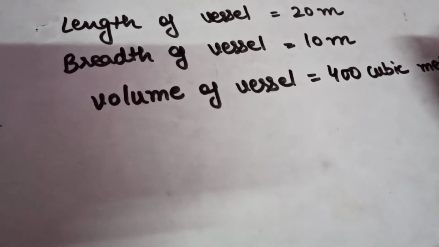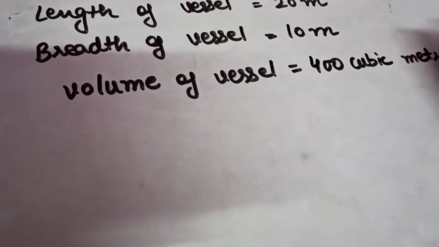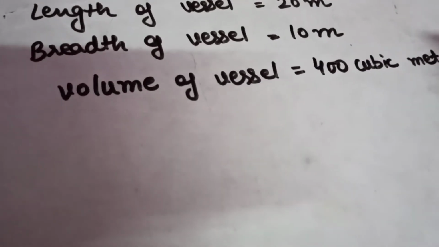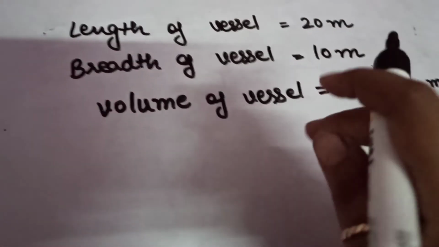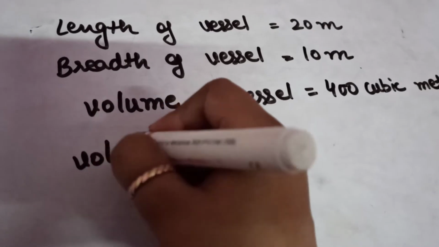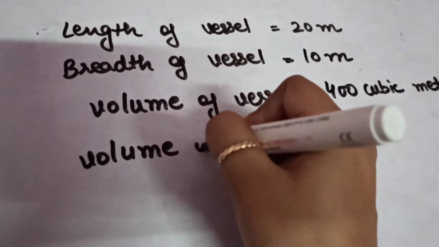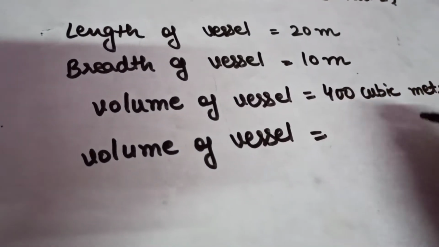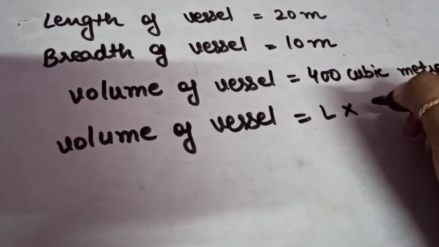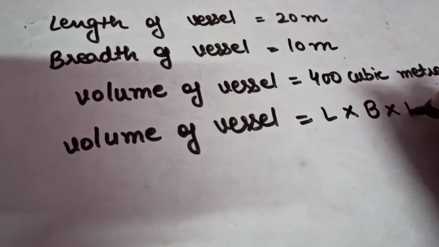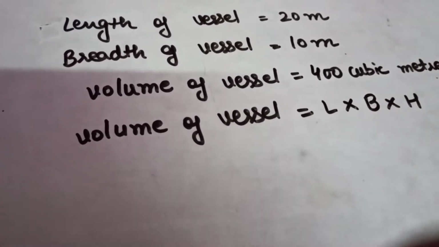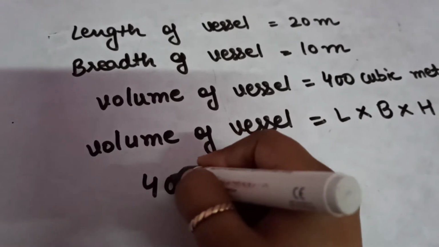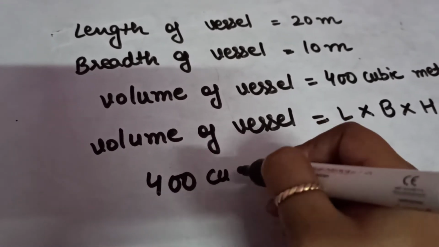So first work is, firstly we will check that units are same, meter, meter and meter. Now volume of vessel equals to length multiply breadth multiply height. Right? Now what is the volume? 400 cubic meter.